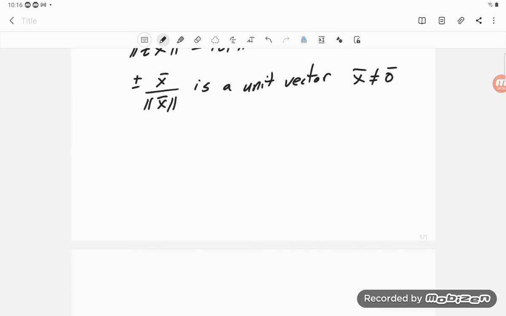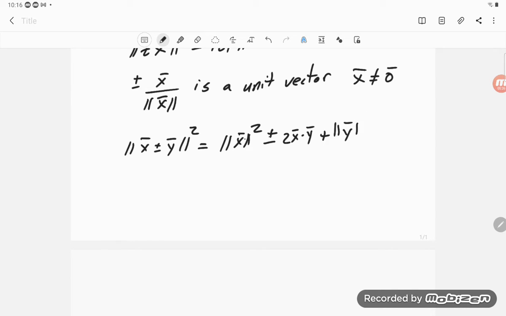And we've already done this in our section 1, but they do point out again that x plus or minus y, the norm of that, can be written as the norm of x squared plus or minus 2 times x dot y, and then plus y, norm of y squared.